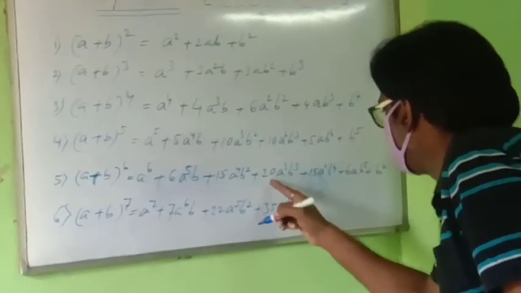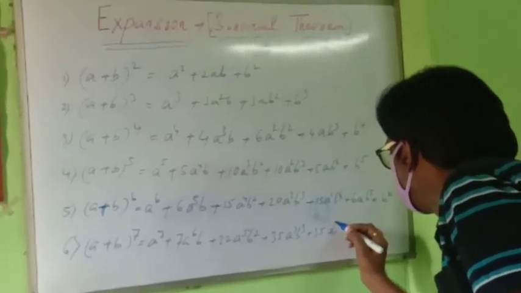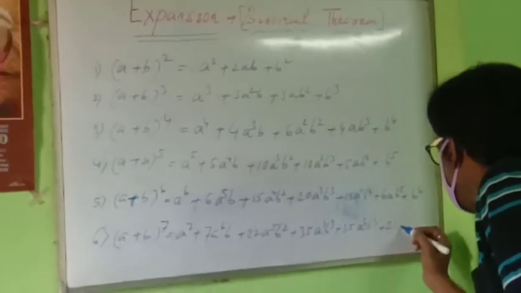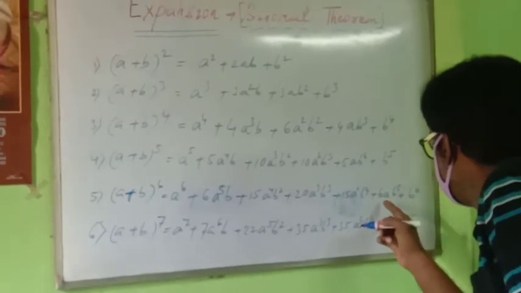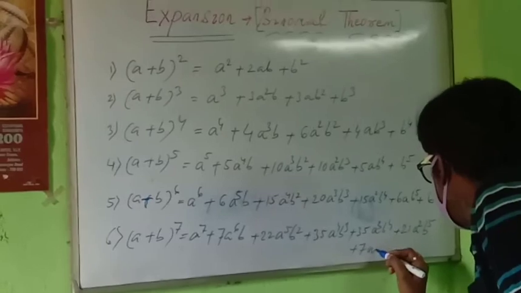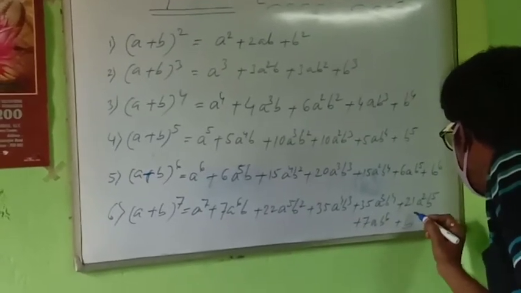Next it will be 20 plus 15, 35, a cubed b^4, 15 plus 6, 21, a squared b^5, and next it will be 6 plus 1, 7, a b^6, and last it will be b to the power 7.